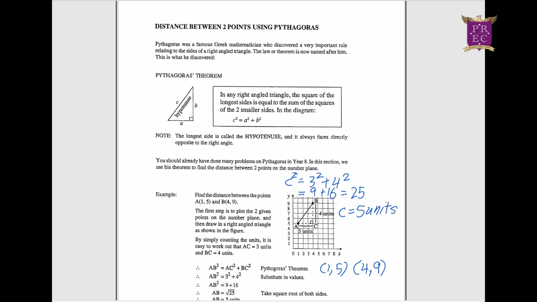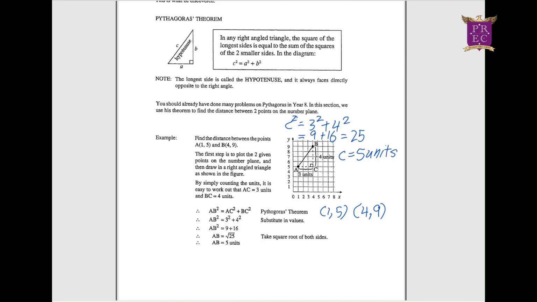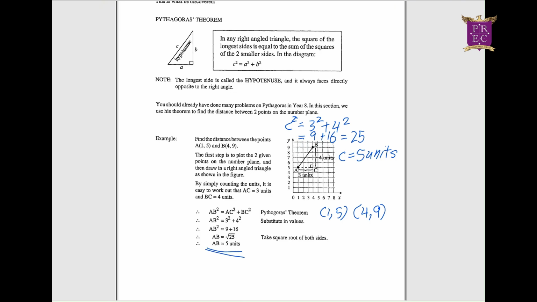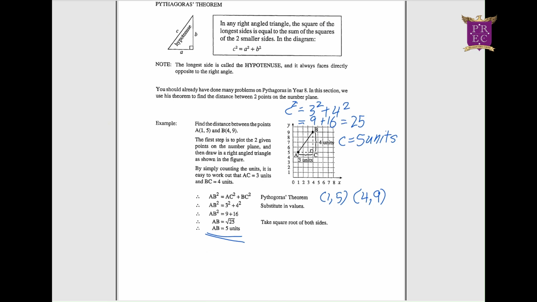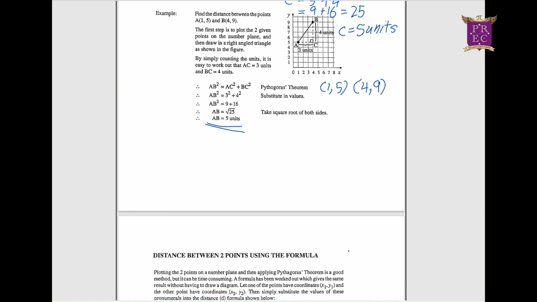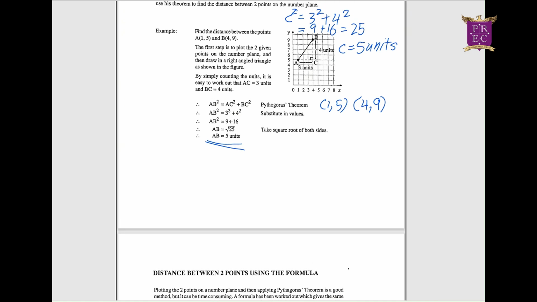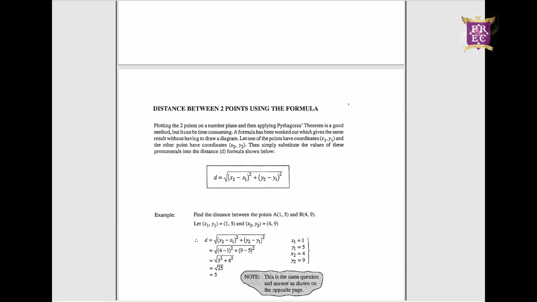And that's our distance from A to B. There we go. And that's how we find the distance between 2 points. It's not always easy to find the distance by using the 2 lengths. That's why we use this formula over here.